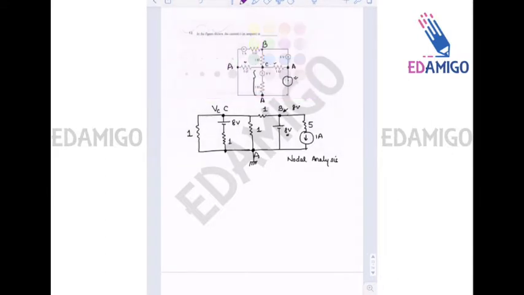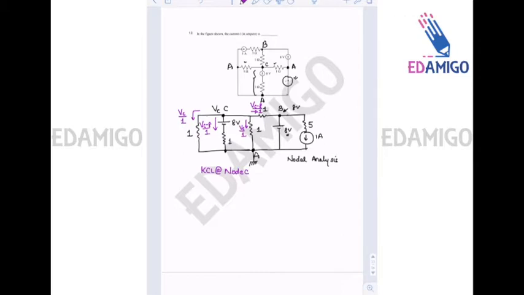So KCL at node C. The outgoing current here will be VC divided by 1, and the current here will be VC divided by 1. The current here will be VC minus 8 divided by 1, and here also the current will be VC minus 8 divided by 1.